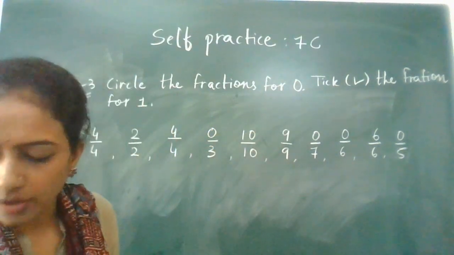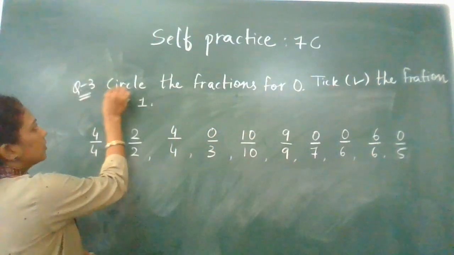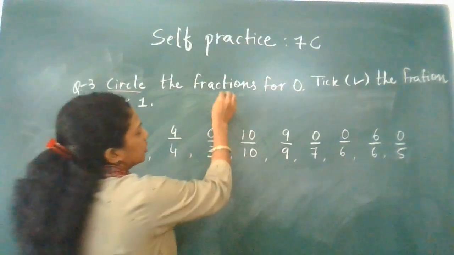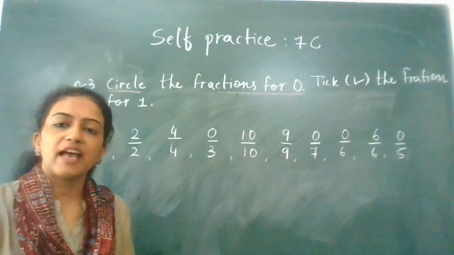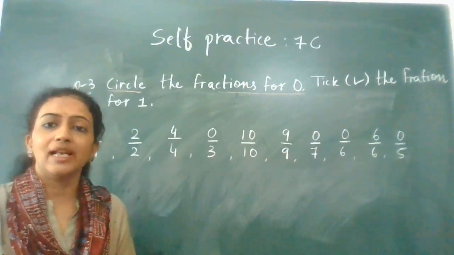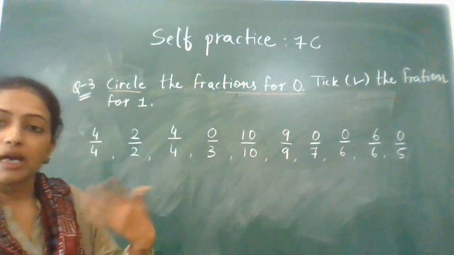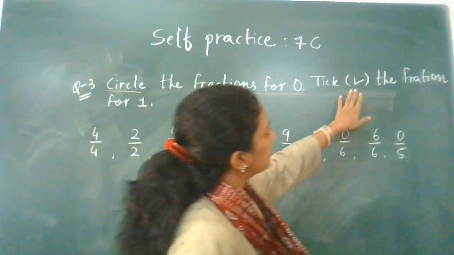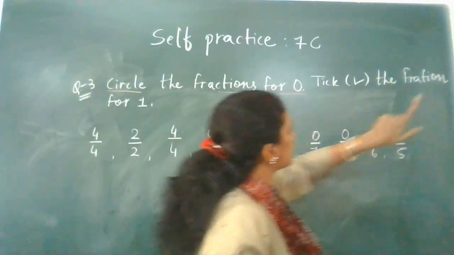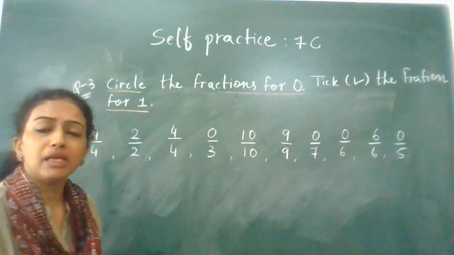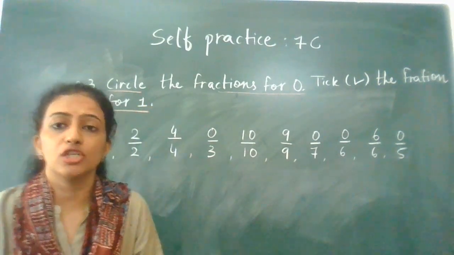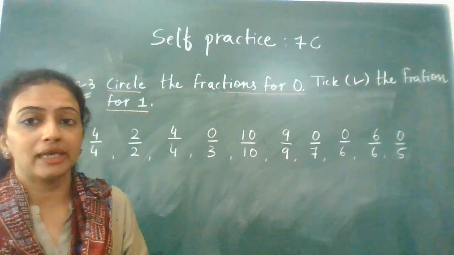So it means you have to circle which fractions represent 0. But you have another instruction: tick the fractions for 1. For 1 means you have to tick the fractions which are equal to 1.